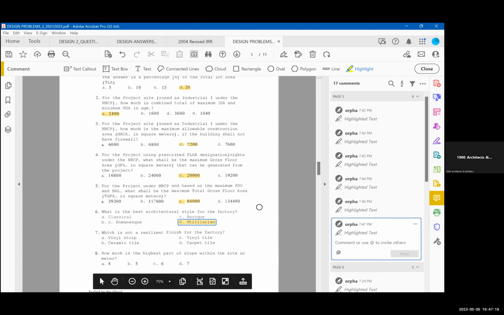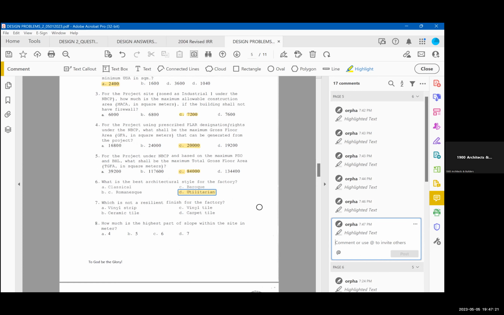Number 7, which is a resilient finish for the factory. Letter A, vinyl strip, B, ceramic tile, C, vinyl tile, D, carpet tile. So, ano ba ang resilient?